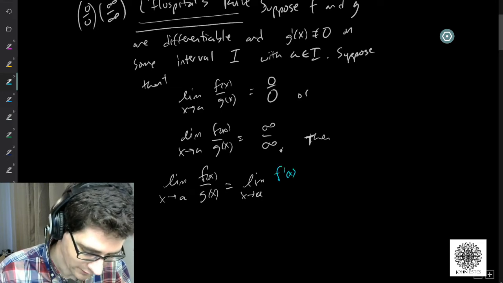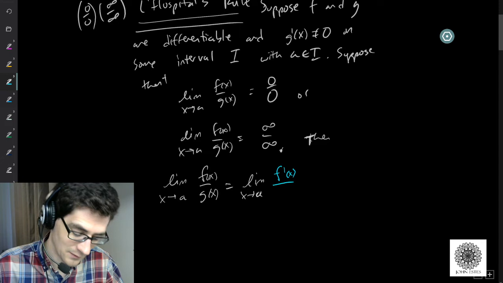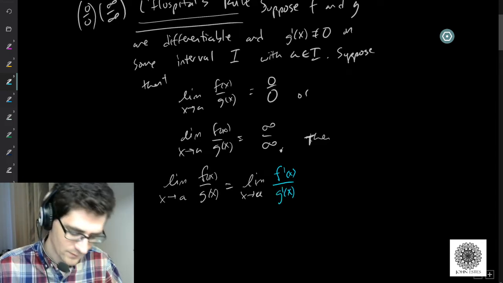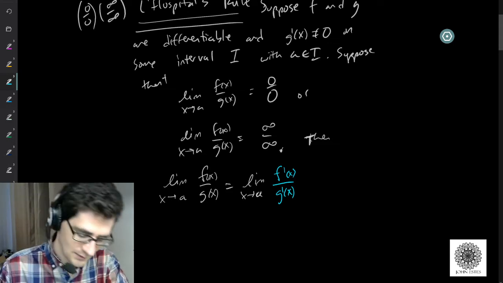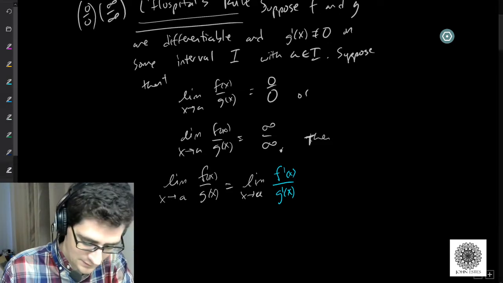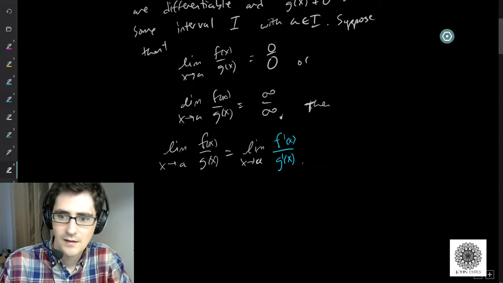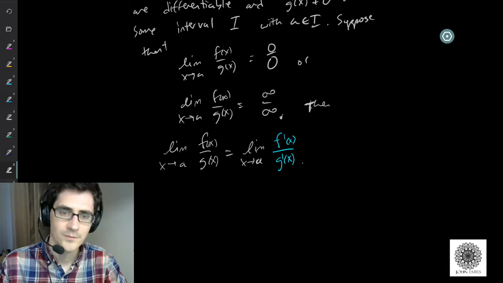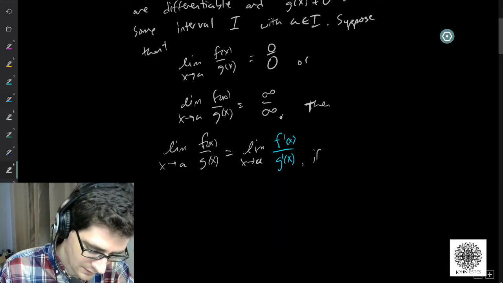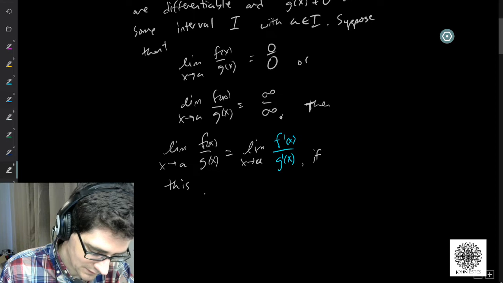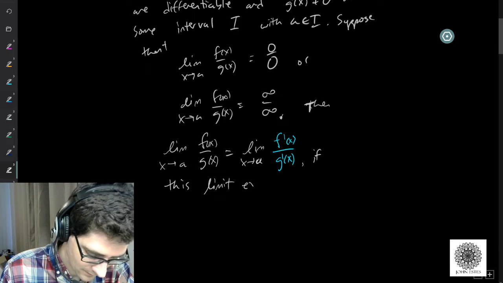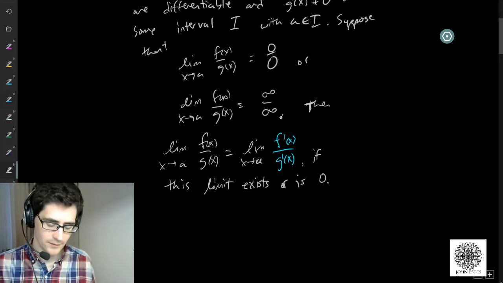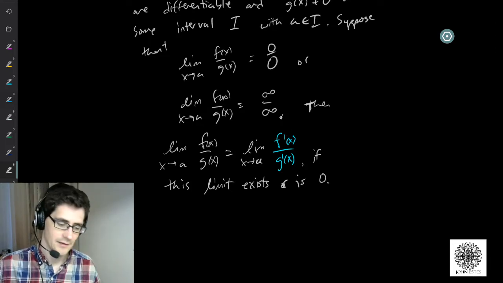If they're trying to do like quotient rule, just the derivative of the numerator over the derivative of the denominator, we get f prime x over g prime x. Okay, so in here we gotta say if this limit exists, or is 0. In other words, let's not run into another indeterminate form.